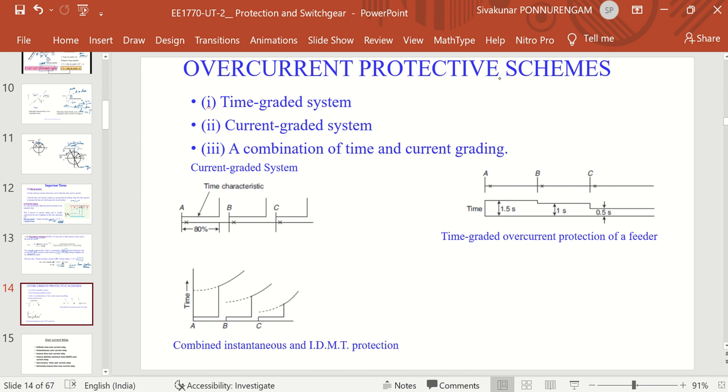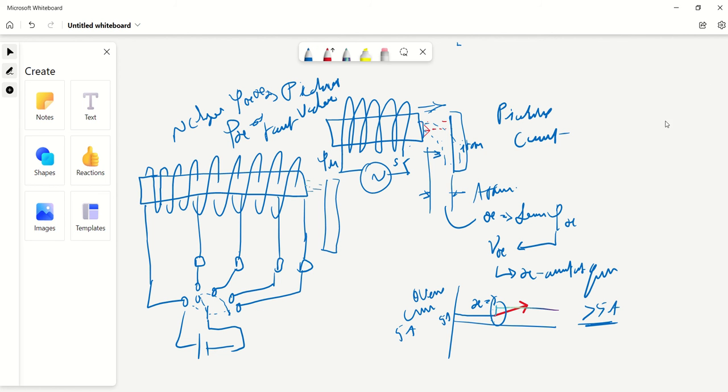One is time grading, next is current grading, and next is a combination of time and current grading. First, what is meant by current grading?